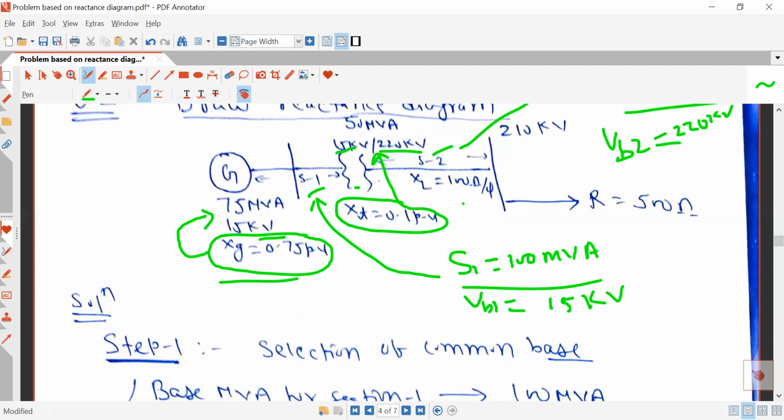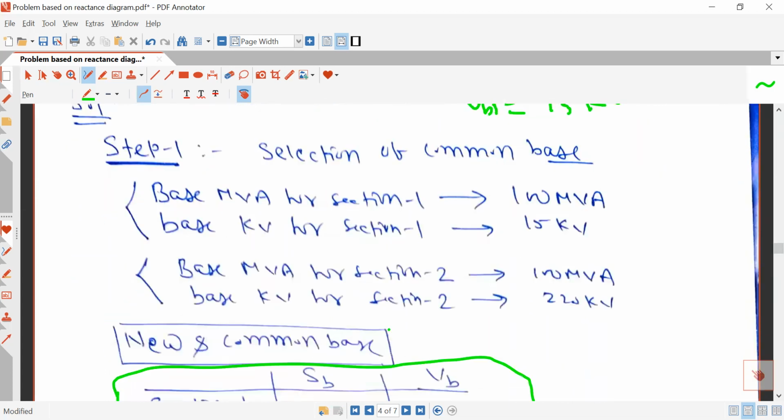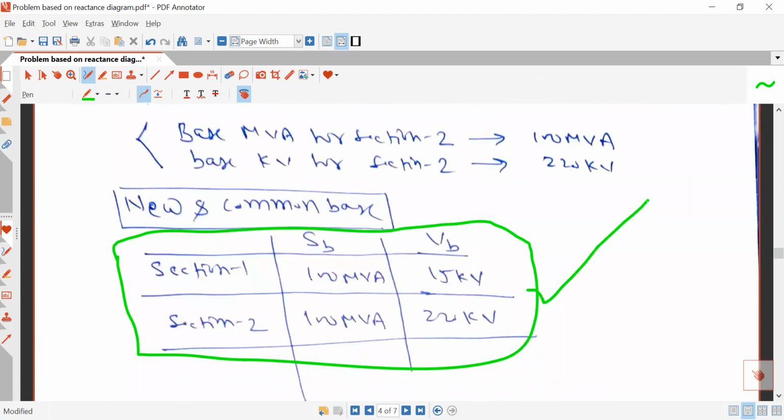But in a reactance diagram, the base should be common for all the reactances. So this is the common base, and on this base you have to calculate each and every reactance which is given in the block diagram.